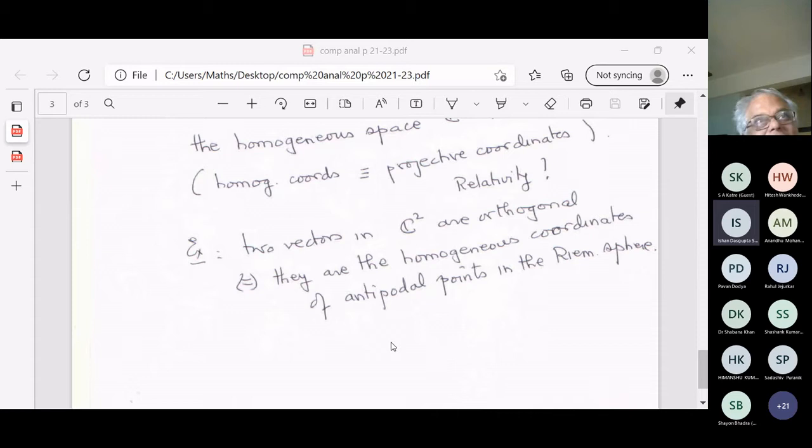The two points lie on one line passing through the origin. The important part is that the straight line joining these two points passes through the center of the sphere. So two points on the sphere are called antipodal if the straight line joining them passes through the center of the sphere.